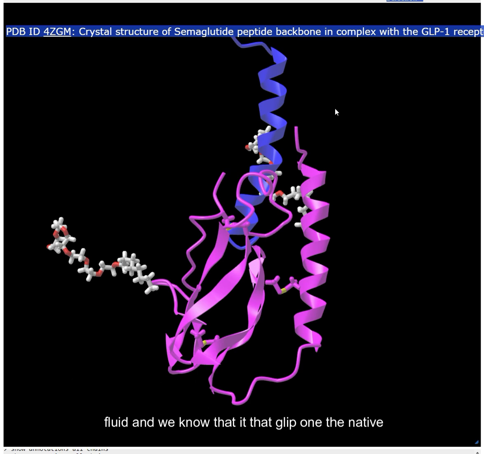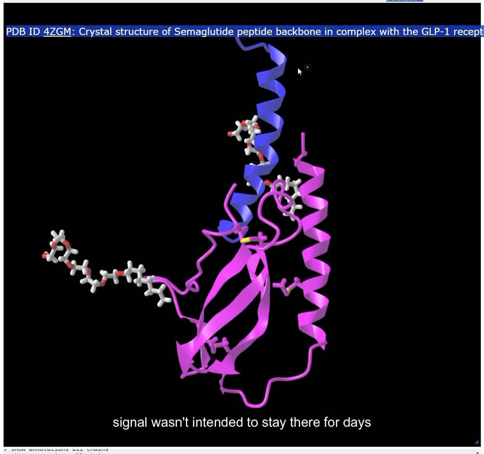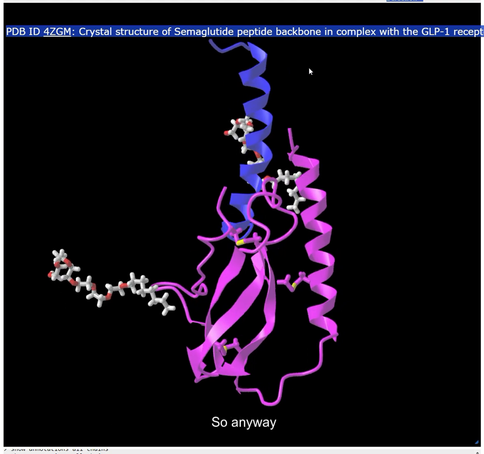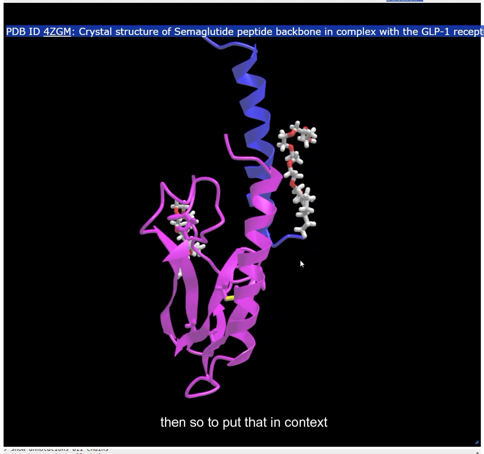And we know that the native GLP1 has a half-life of like 1 minute plus or minus a minute. It's very short-lived, so it gets quickly degraded because I guess when we evolved, that signal wasn't intended to stay there for days. So anyway, all right. Well, thank you.